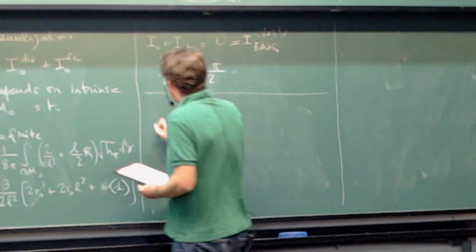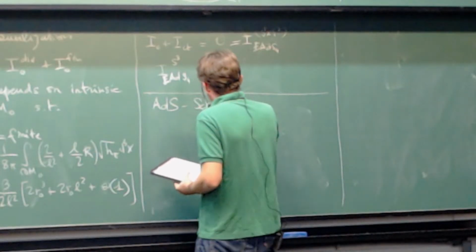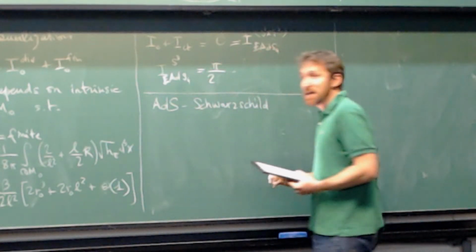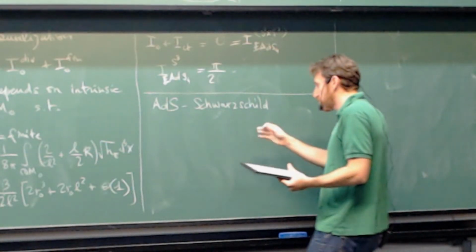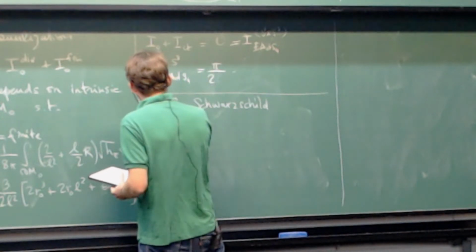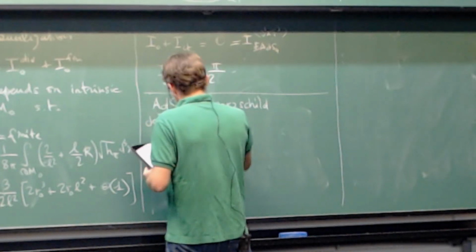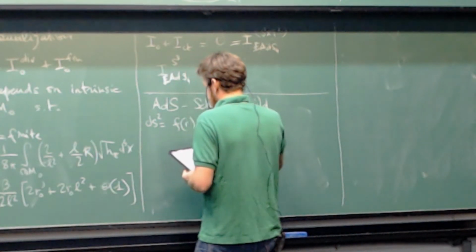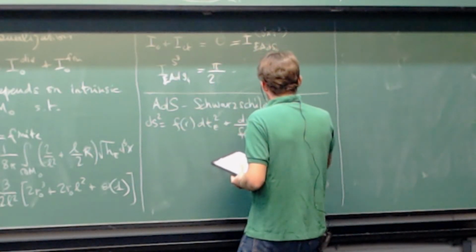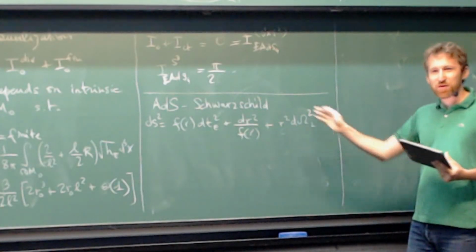There is another saddle that you can consider. Meaning there is another solution that has the same conformal boundary, but it's different in the interior. It's AdS-Schwarzschild. It has our favorite form.